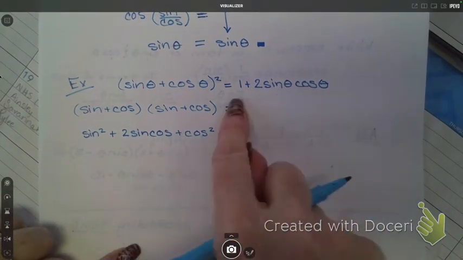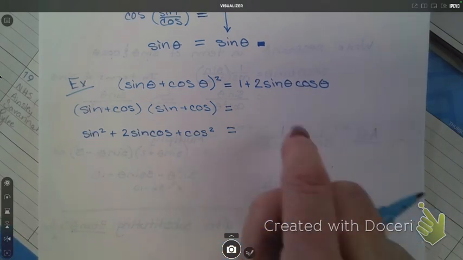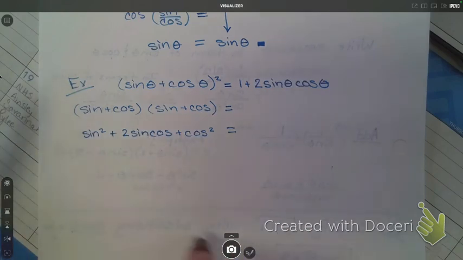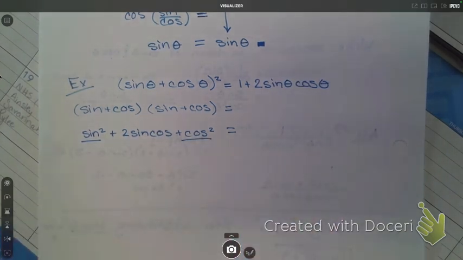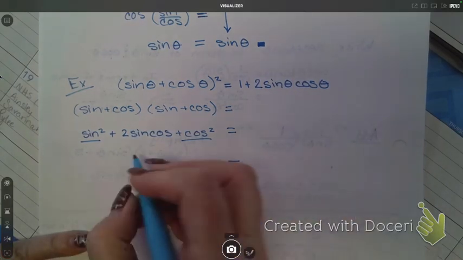Now keep your eye on the prize. Keep looking over here. Got to end up with a 1. Do I have anything over here that is 1? Yeah, sine squared plus cosine squared. Sine squared plus cosine squared, and since that's addition, can I put it any order I want? Yeah. So sine squared plus cosine squared is 1.